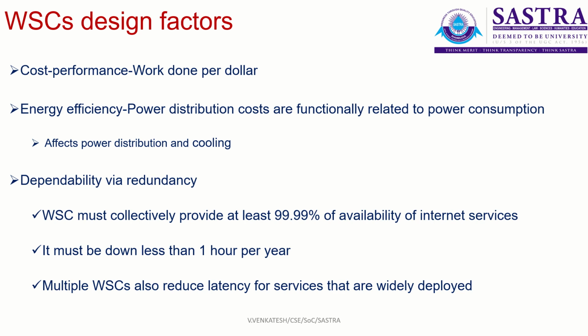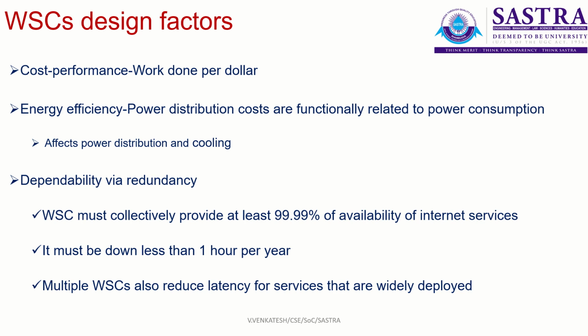The maximum number of things has to be settled within one single dollar. The second design factor is energy efficiency. Energy efficiency means how we distribute power based on power consumption, and also what cooling mechanism is used, in order to calculate the energy efficiency.